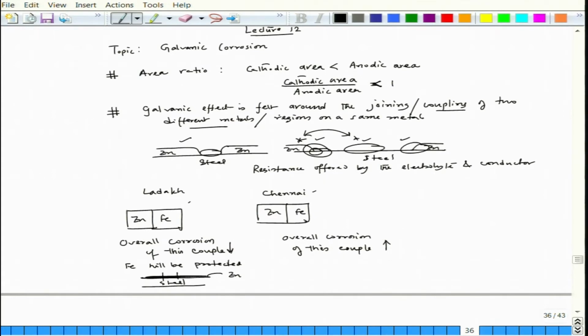Here also the same situation happens, same situation what we see here, but overall corrosion as well as zinc dissolution rate also would be very high, and in this case would be less. The possible reason being, if all the things remain same, we have to look at the environment.